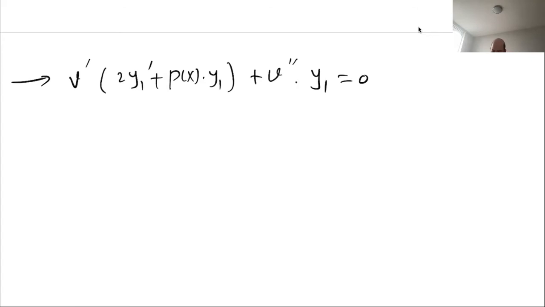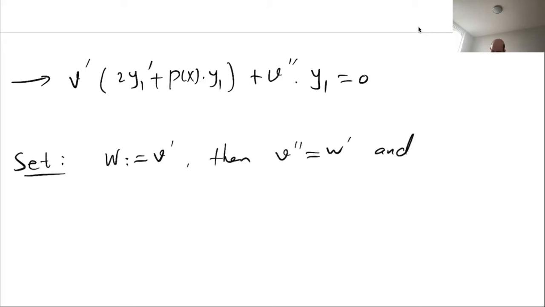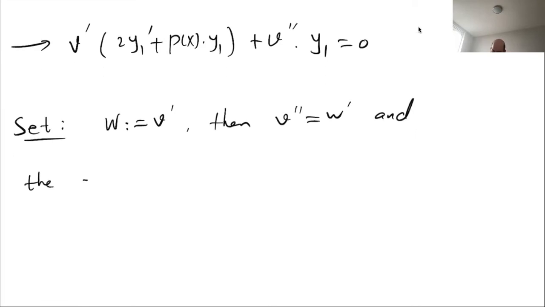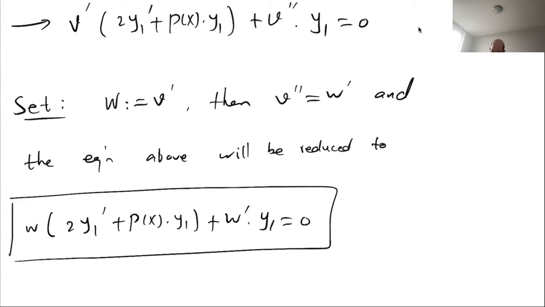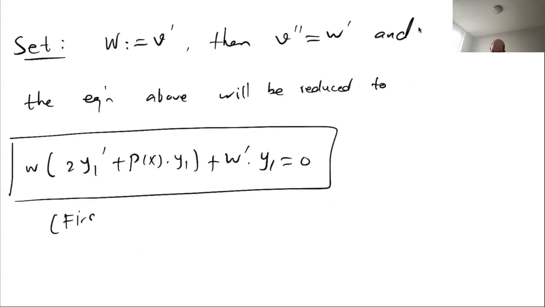So let's set w equals v prime. Then v double prime will be w prime, and the equation above will be reduced to w times 2y1 prime plus p of x times y1, plus w prime times y1 equals 0. So this is a first order ODE.